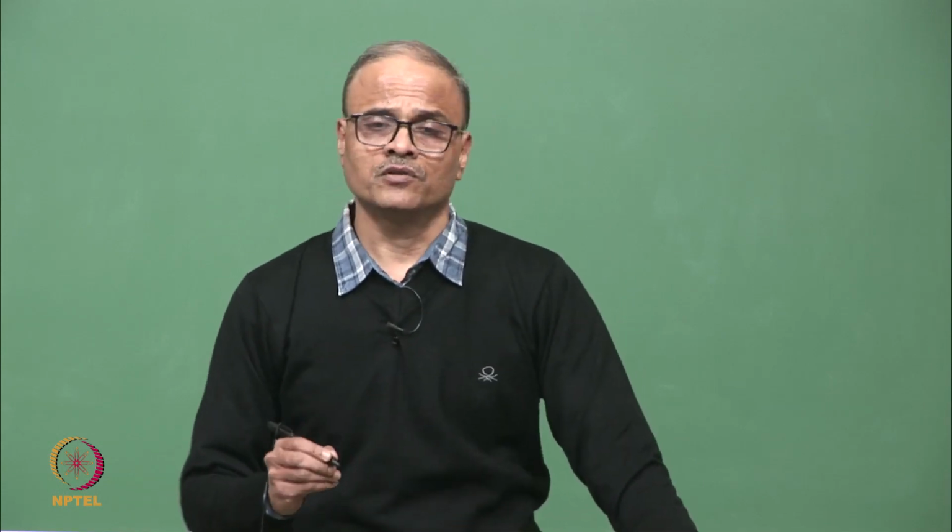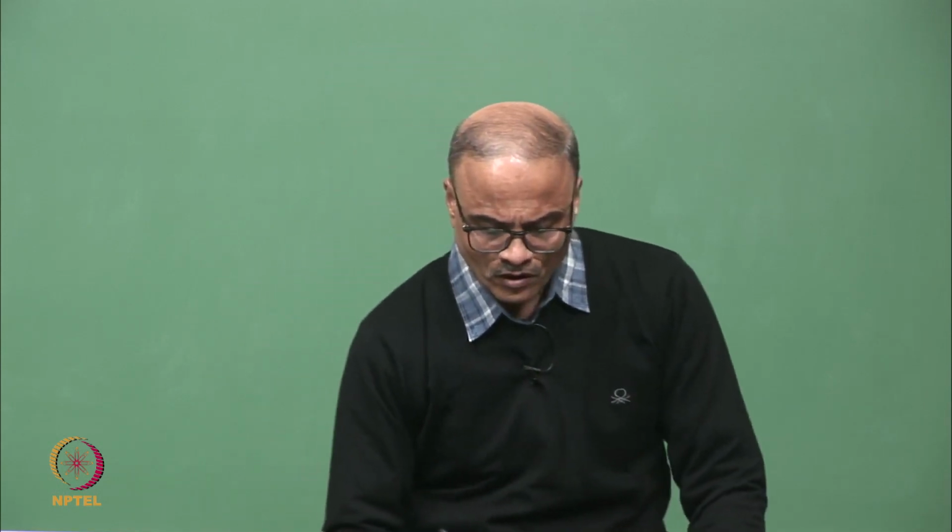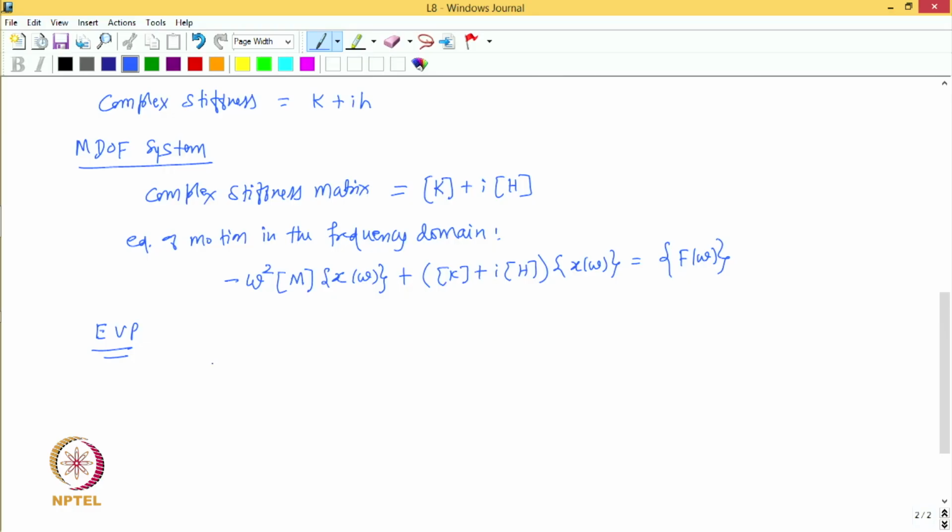So, that is an approximation, though not very exact. Therefore, in the time domain we can write the equations of motion as the mass matrix times the acceleration vector plus the complex stiffness matrix, which is K plus iH, multiplied by the displacement vector is equal to 0. This is nothing but the equation of motion in the time domain for free vibration.